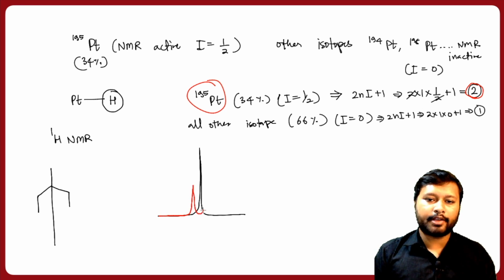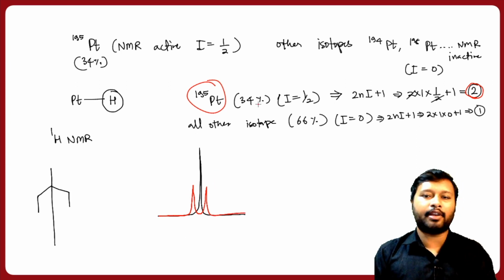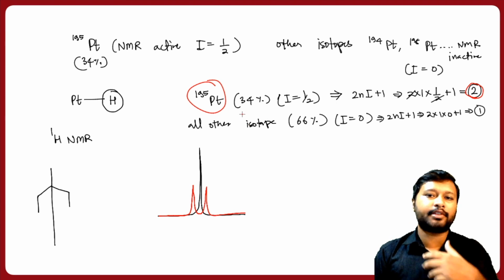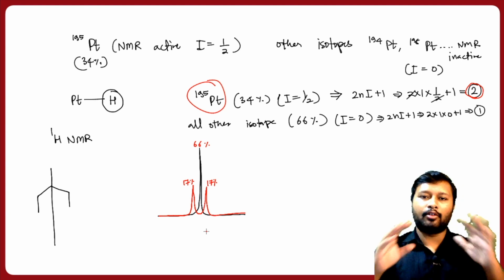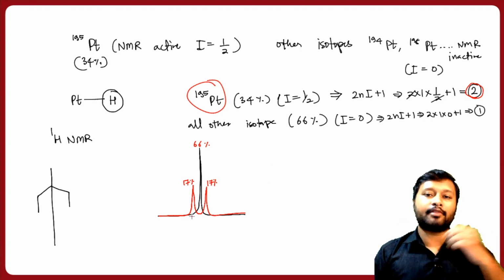So that is going to give you a doublet like this at the same position. Now the intensity of this doublet will get divided because it is 34%, so half of this is 17, so the abundance will be 17 and 17%, whereas the central or major peak will be 66%. So this is how you are going to observe the overall spectrum.